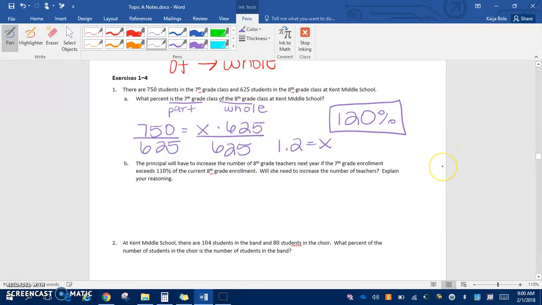B says the principal will have to increase the number of 8th grade teachers next year if the 7th grade enrollment exceeds 110% of the current 8th grade enrollment. Will she need to increase the number of teachers? Explain your reasoning. So we wanted to see if it exceeds 110. That is what we did in part A, and we got 120%.